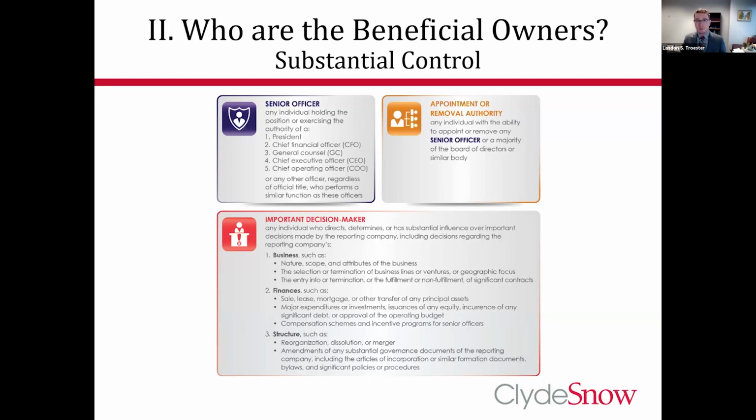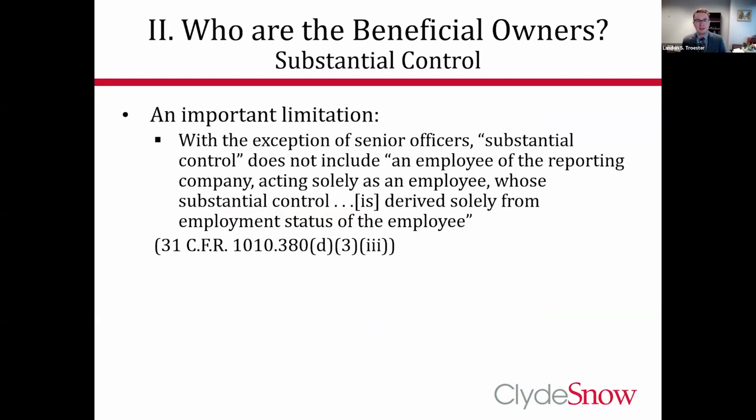The important thing to remember as you're working through substantial control is that with the exception of senior officers, ignore your C-suite here, substantial control does not include employees who are acting solely as an employee, and so their control is derived only from their employment status.